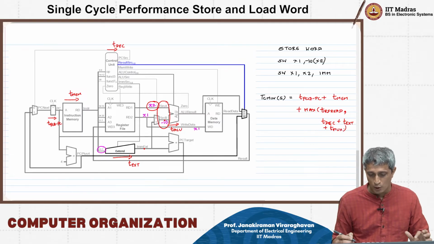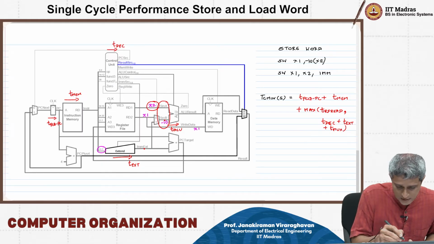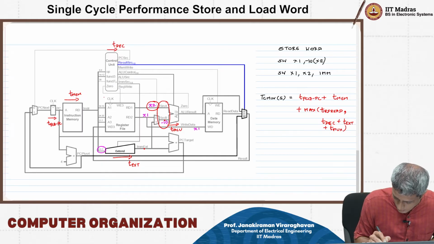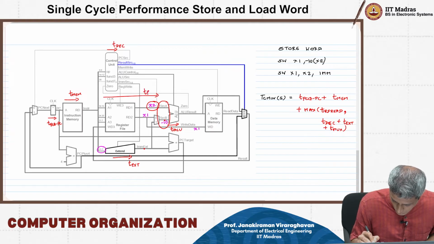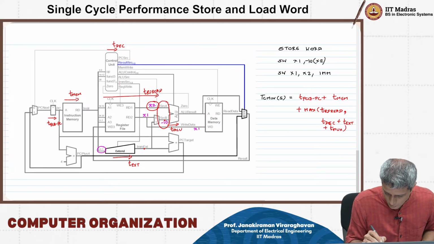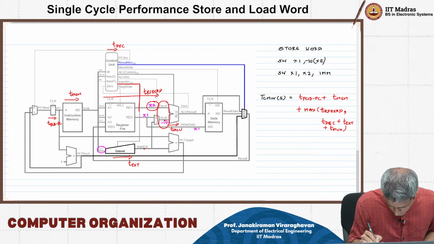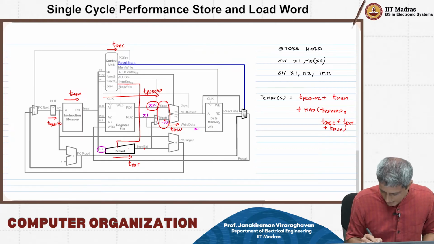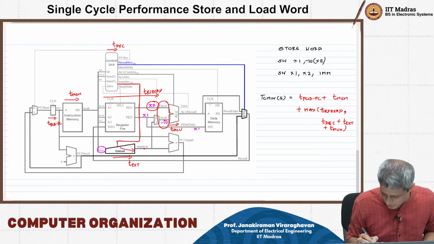Okay, so we are looking at this path here, which is T RF read, and we are looking at this particular path which is coming T decode, and then you are going through this which is T extension, right?